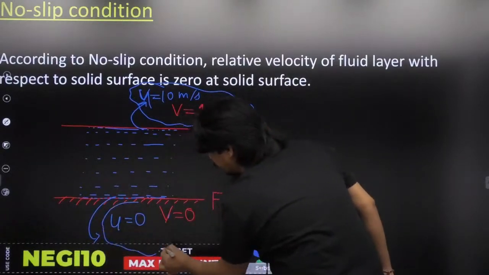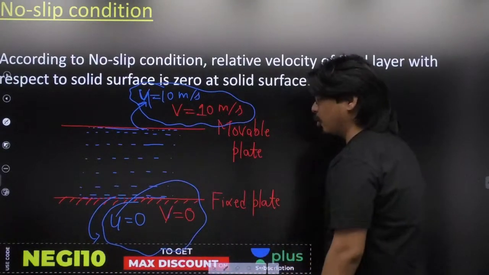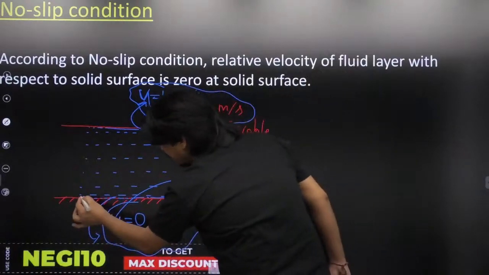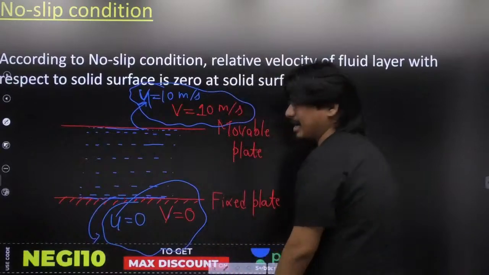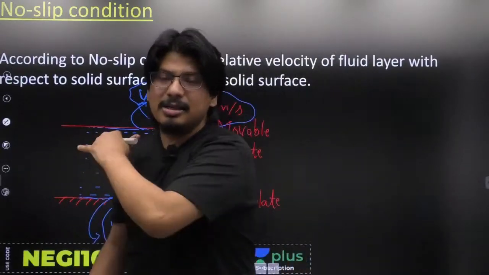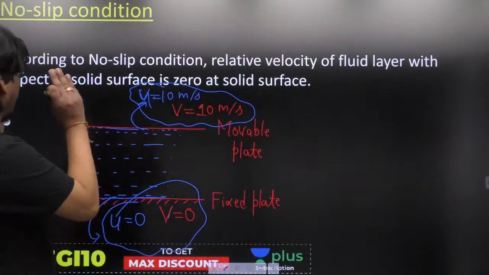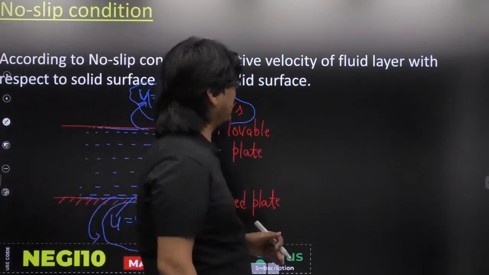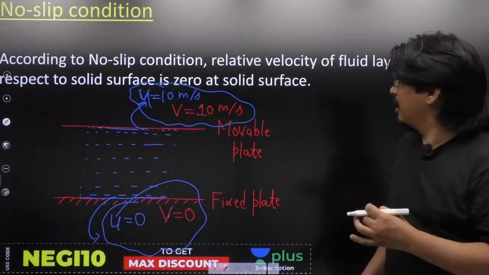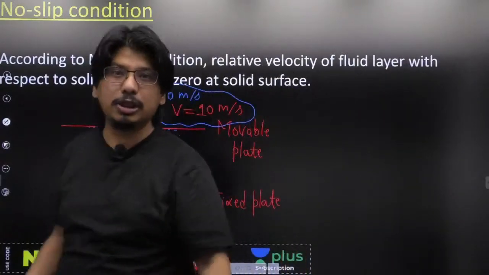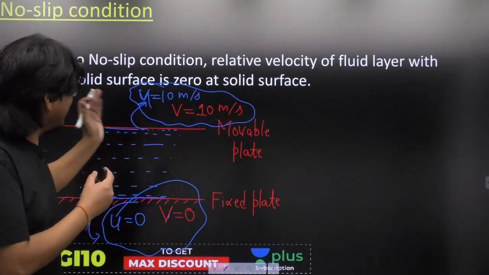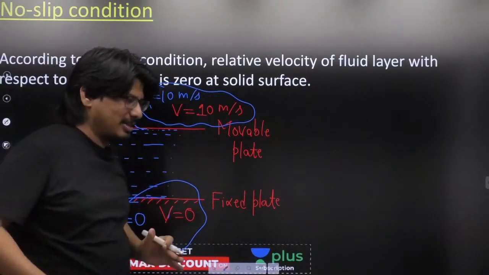Because according to no slip condition, this fluid layer will stick to this bottom plate, so that the relative motion will be zero. So look at here. According to no slip condition, the relative velocity of fluid layer with respect to solid surface is zero at a solid surface.